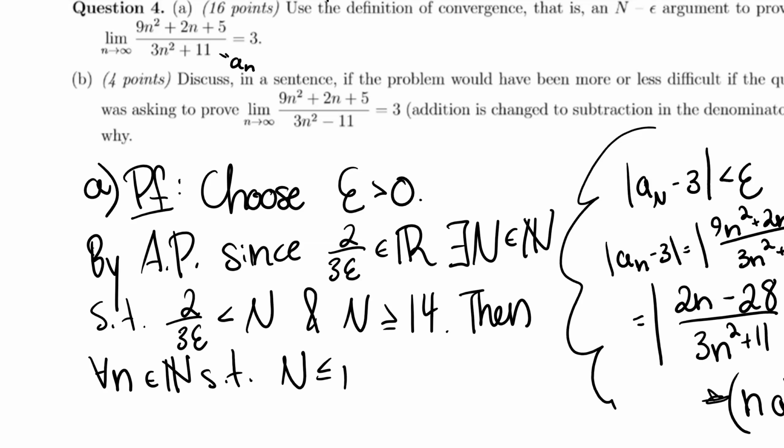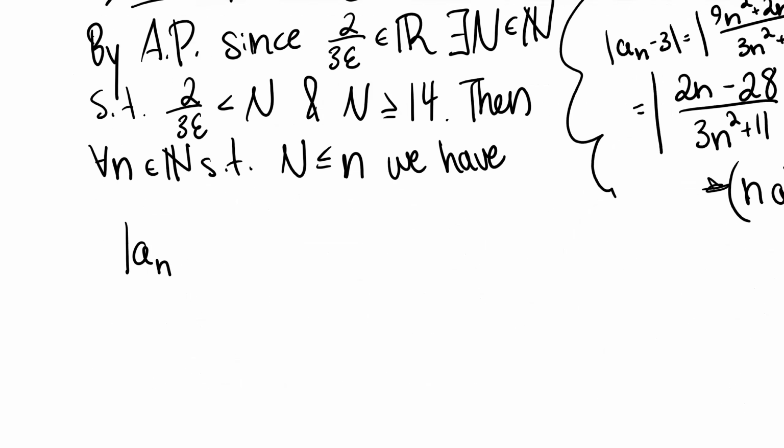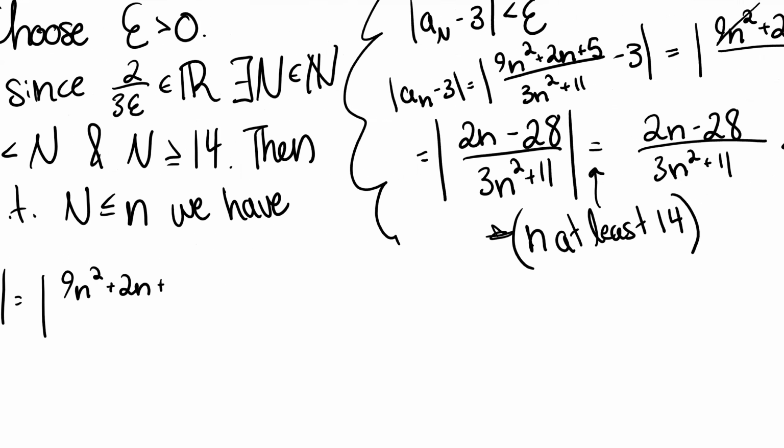Then for all n in the naturals such that capital N is less than or equal to little n, we have, now I start with a_n minus L. What is that? Well, I can skip some steps because of scratch. I don't even need the absolute values anymore: 2n minus 28 over 3n squared plus 11.